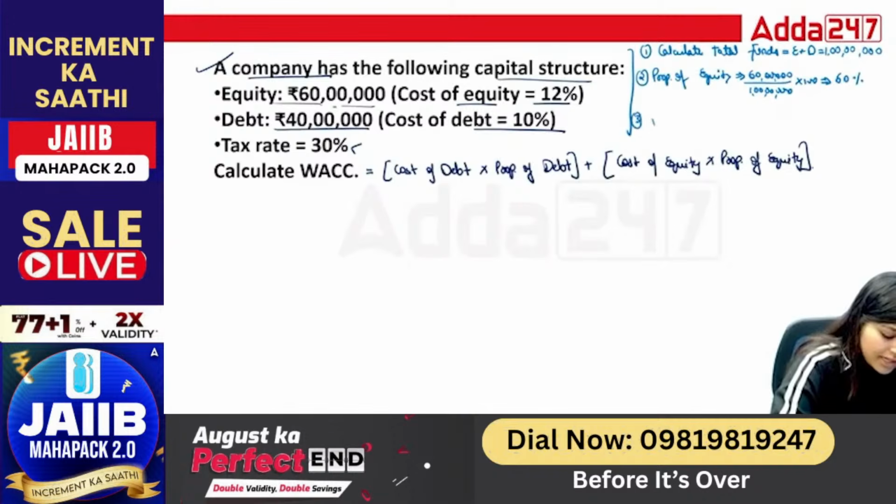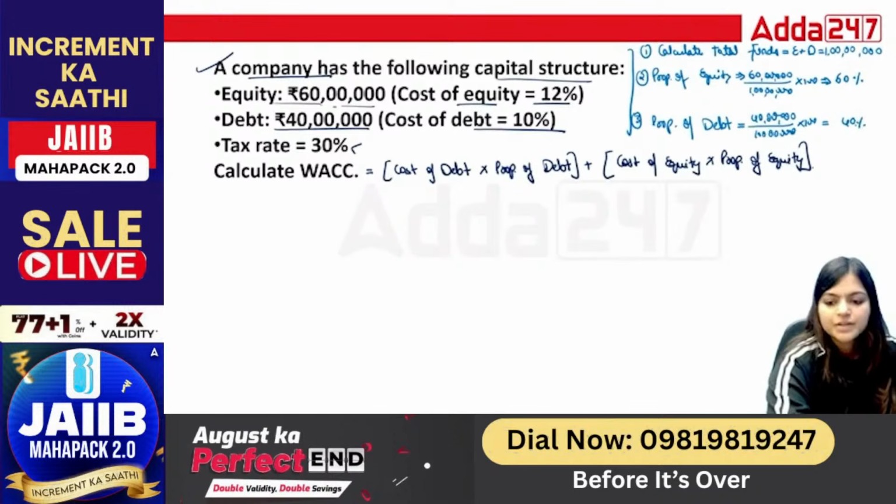And for the third, that is proportion of debt, 40 lakhs divided by 1 crore equal to 40%.